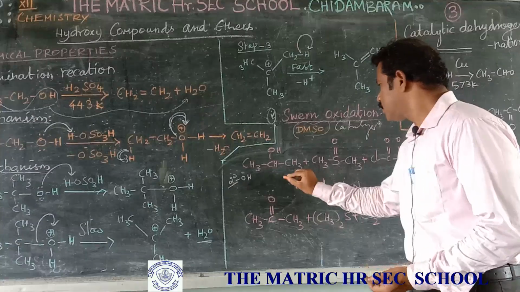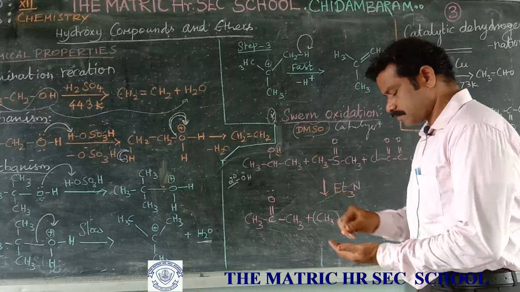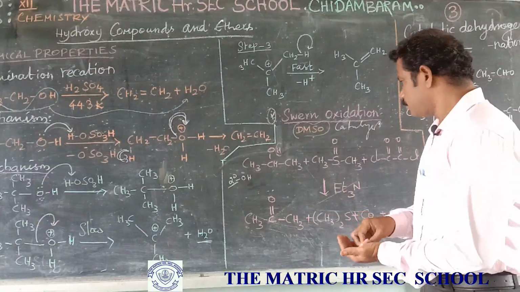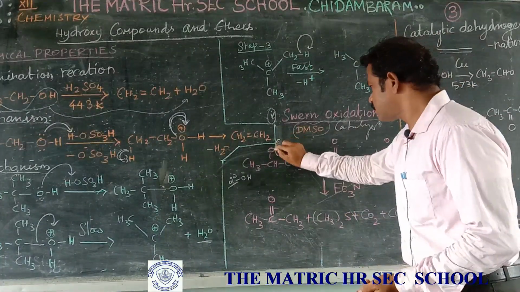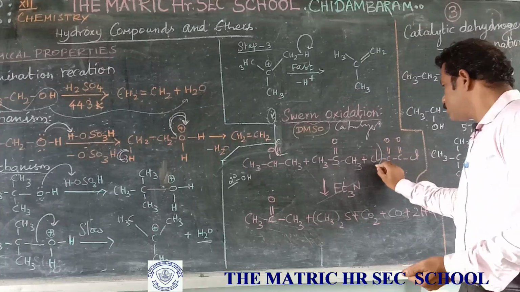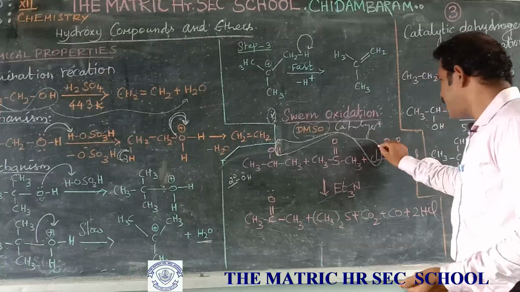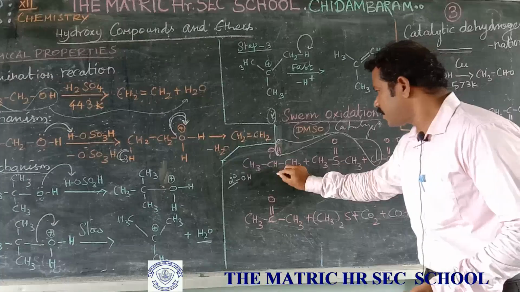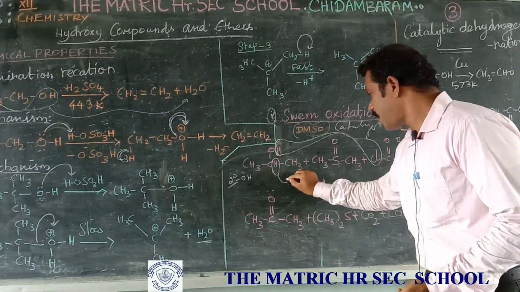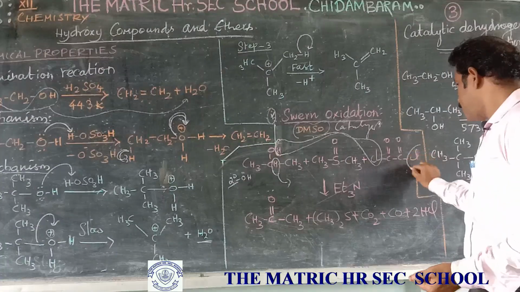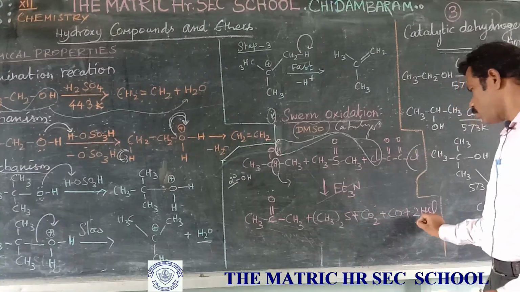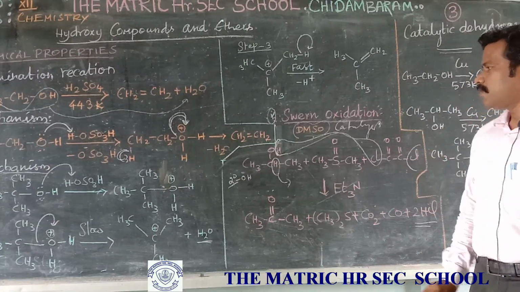First, this hydrogen and this chlorine go out as one hydrochloric acid, HCl. The same, this hydrogen and this chlorine go out. So you will get 2 hydrochloric acid going out.